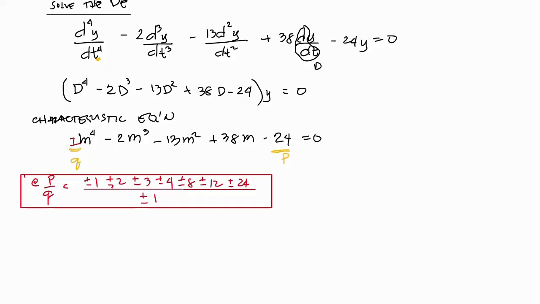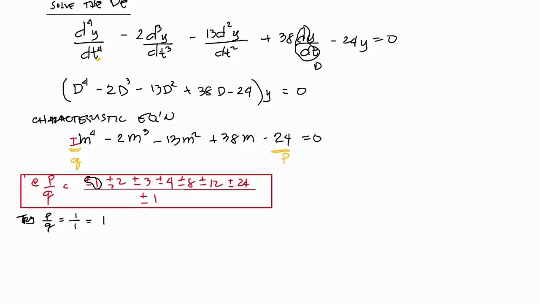This is actually tedious because we will do trial and error. So let's try positive 1 over positive 1. So let's choose p first as 1. Try p over q equal to 1 over 1, or just 1.